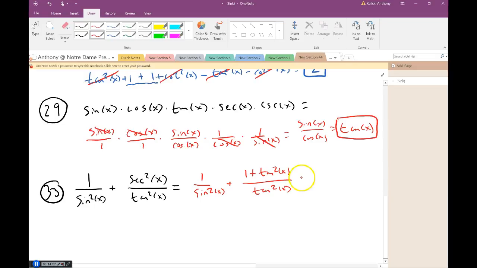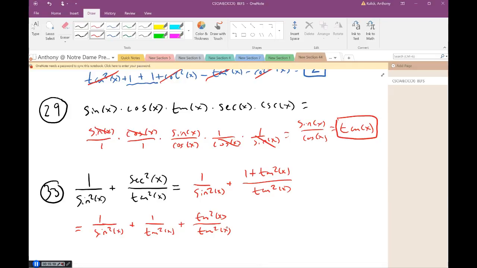And the reason I liked that idea is because it allowed me to take that second fraction and rewrite it as a couple of different fractions. Everybody okay with what I did there?